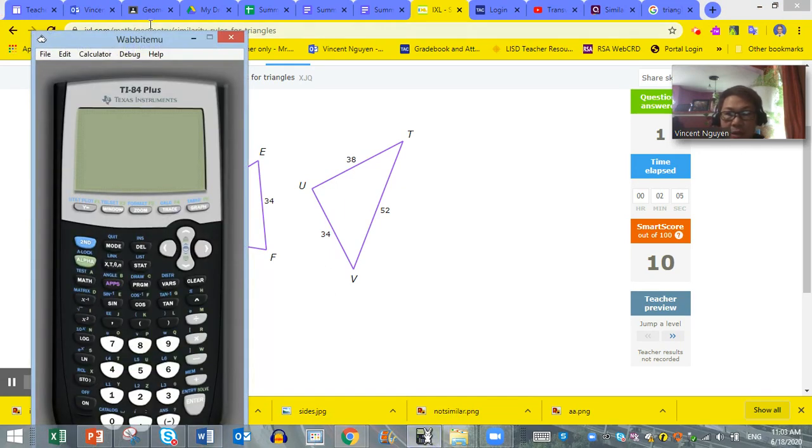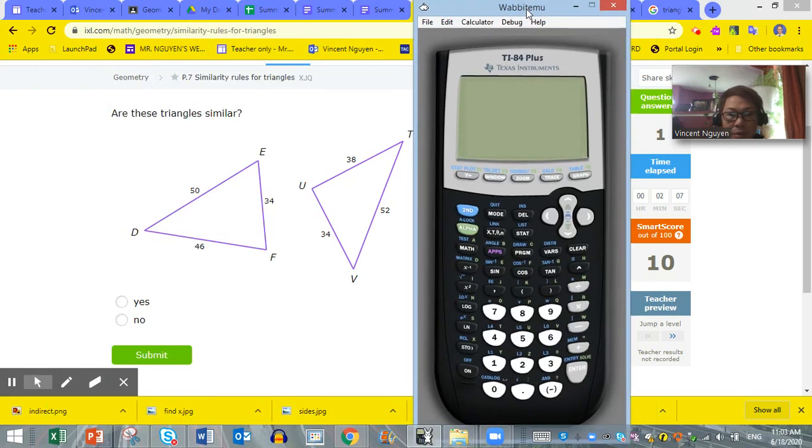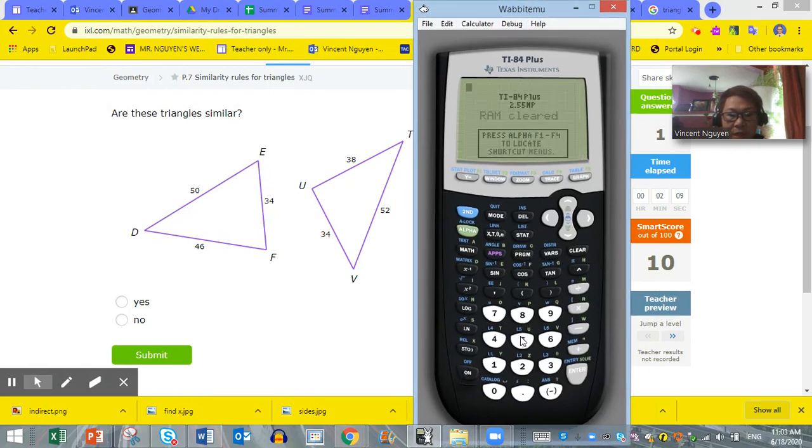Let me drag this over here. So I'm going to do 50 divided by 52. Whatever the number is, remember that number. Every time you divide any of the other ones, it has to equal that number. And if it doesn't, they're not proportional. They're not similar. Okay.